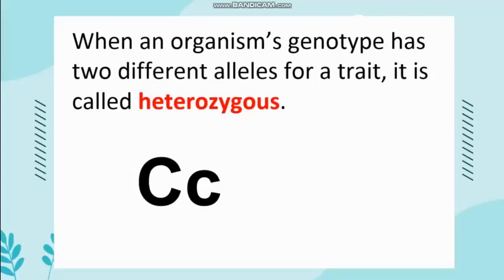Based on Mendel's laws of inheritance, if you see this combination of letters, the trait would still fall under the dominant trait because the genotype contains the dominant allele. So this one is read as heterozygous dominant.